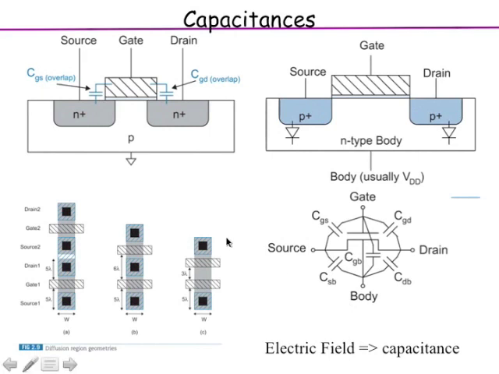On the left side there is some layout which is drawn. I'll probably come to the layout and discuss it, but I just want to point out something here. What is drawn here is a NAND 2 gate. This is one transistor and this is the gate of the transistor. This is the width in this overlap region, and this is the length.